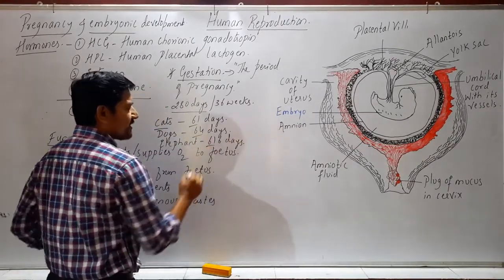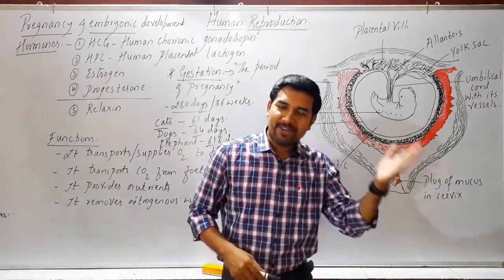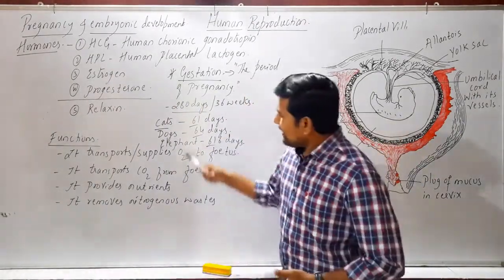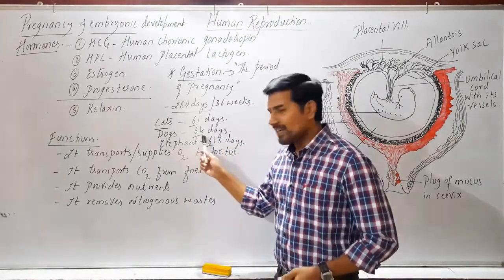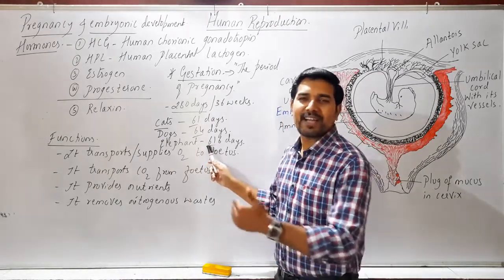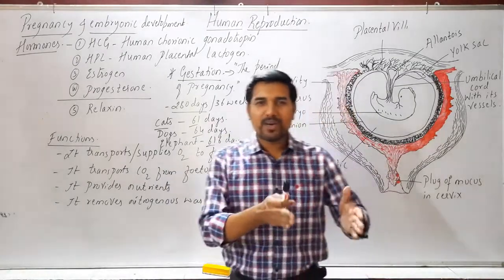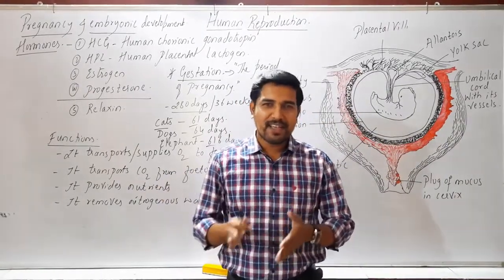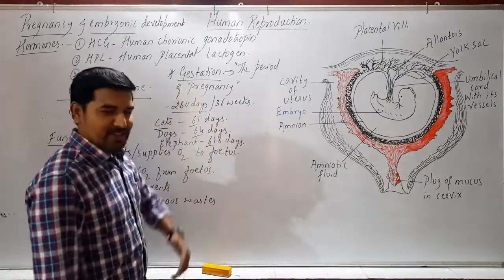Look at the gestation periods here. The period of pregnancy varies in different animals. In cats it is just around 61 days, in dogs around 64 days, and in elephants, look at the gestation period, around 616 days. And in humans, 280 days or 40 weeks. So this is regarding the period of gestation.